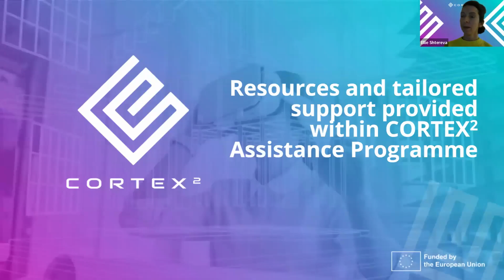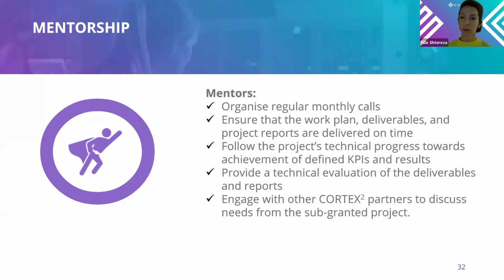Okay, and then moving to the resources and tailored support provided within the CORTEX2 Assistance Program. This is applicable for both tracks, track 1 called development and track 2 use cases. First, all projects are going to be appointed with one mentor. This mentor can be considered as the main expert and advisor to your project.